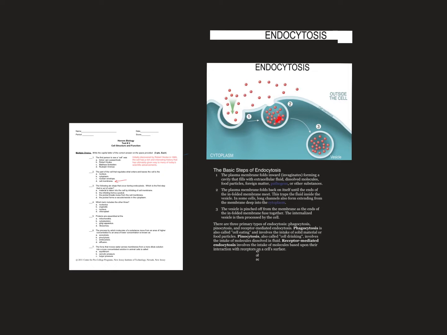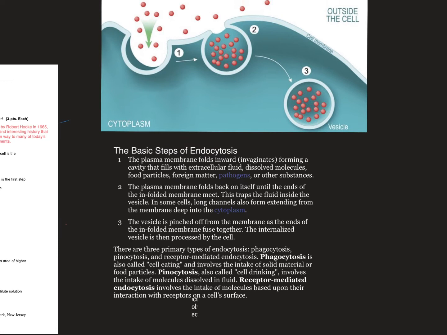Foreign matter, like pathogens, can also be found in this pocket, or other substances. The plasma membrane folds back onto itself. As you can see, it starts from the pocket, it starts to invaginate, fold even more, and forms a vesicle that pinches off. And then a lysosome can fuse with this vesicle and release the hydrolyzing enzymes to destroy the particles. So this was correct.